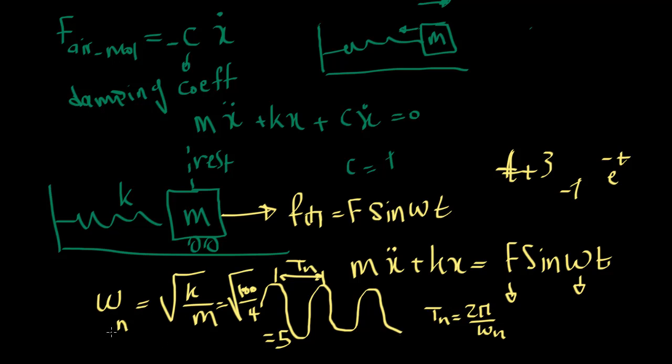The second thing that we get from this omega n is that if we have an external excitation, a force on the system, and the frequency of that force is equal to the natural frequency, we are going to have resonance. So we saw that when we were changing omega from 1 to 2 to 3 to 4, the amplitude was increasing, but at omega equal to 5, exactly the natural frequency, the amplitude goes to infinity.